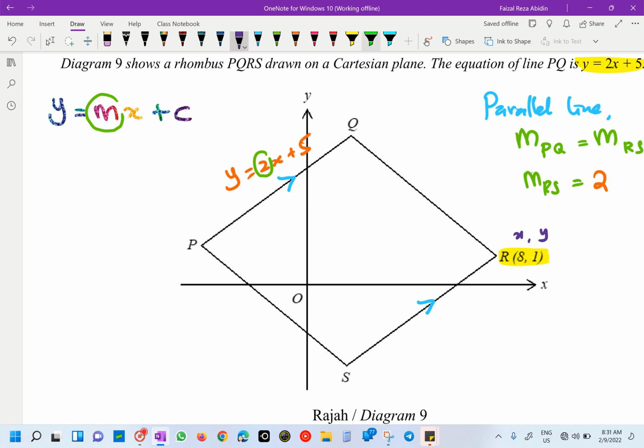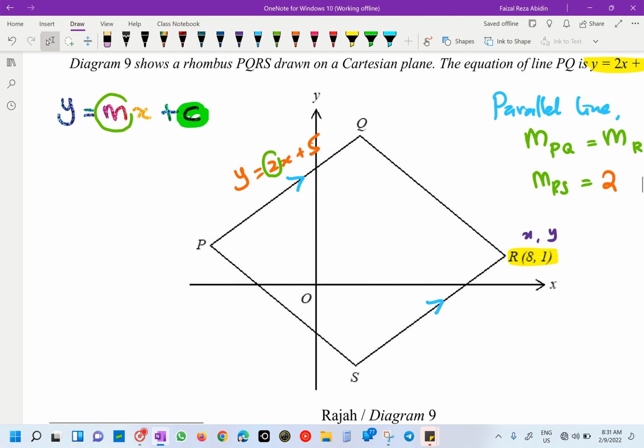We are going to find for our y-intercept. Yes. Because you already have x and y there. By substituting into our equation of straight line, y equals to 1, m equals to 2, x equals to 8, and we are going to find our c here.